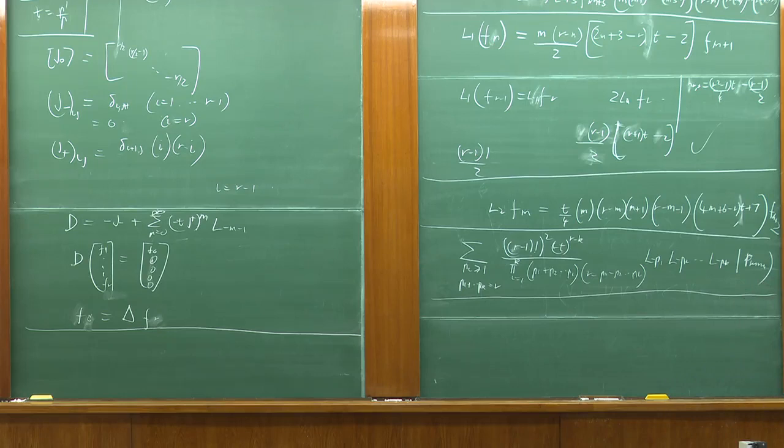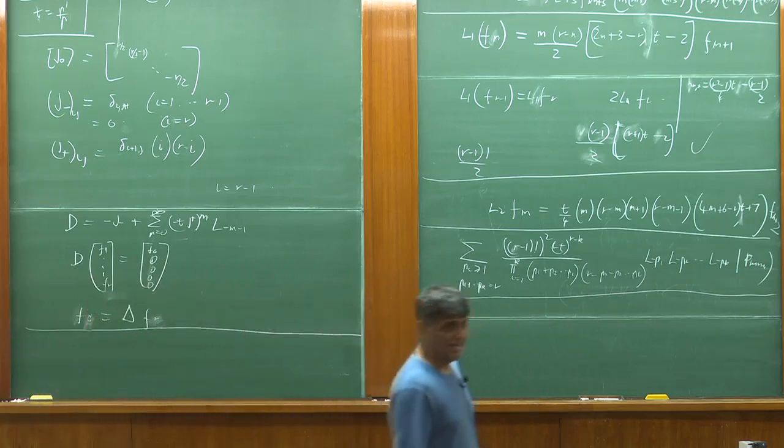Now, the next topic I wanted to move on to was a more detailed study of the differential equations that come from null states. This is really important. For instance, in the case of the Ising model, it allows you to completely solve the theory.